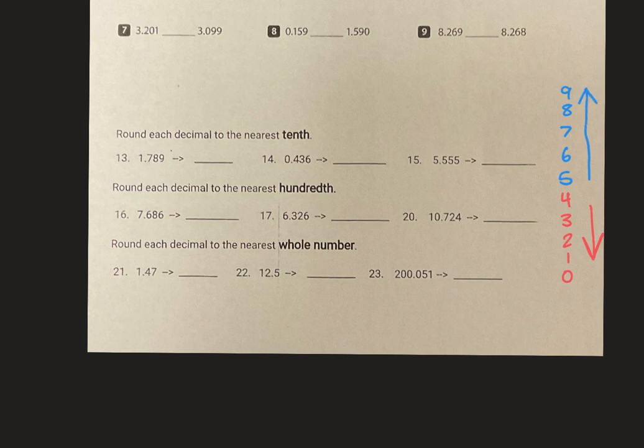For example, if I have a number line and I had 1 right here, and I have 2 here, the halfway point is going to be what? 1.5. And so anything that falls between 1 and 1.5, like if I had 1.4, that 4 is going to tell me that it's closer to 1 than it is 2.